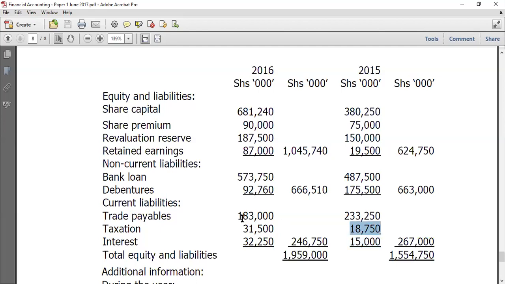So we're able to draw what we have to do to determine the interest and taxation paid. We have to draw up accounts, what we call the tax payable account, or the taxation account, as well as our interest account.